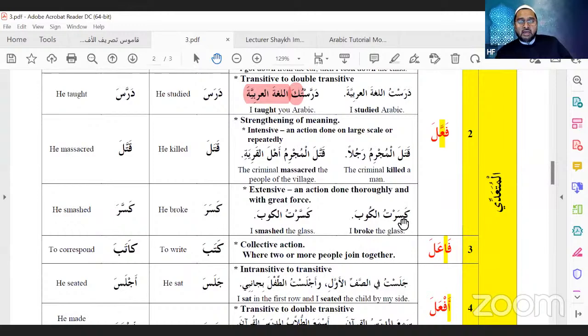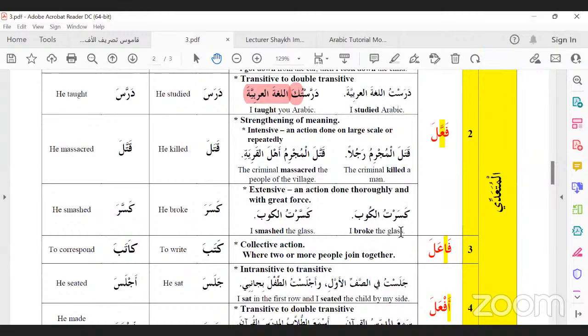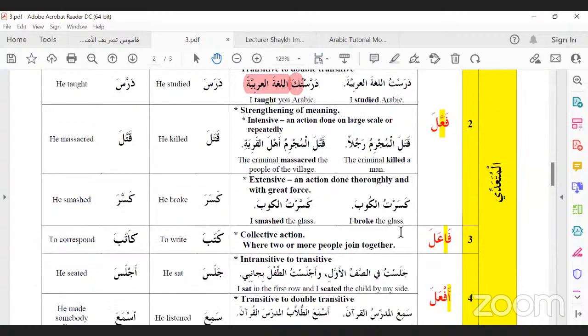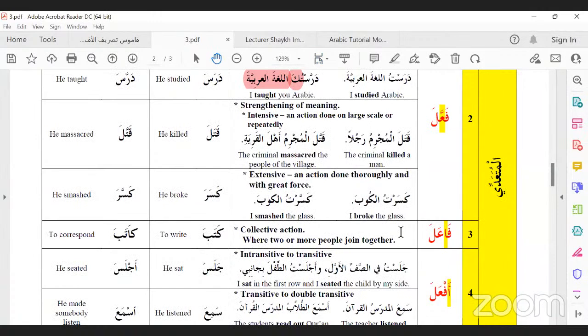Let's do this example, kasartu. Shall I do it? Yes, please. Bismillahirrahmanirrahim. Extensive: an action done thoroughly and with great force. So kasartul kubi, I broke the glass. But kasartul kubi is I smashed the glass.